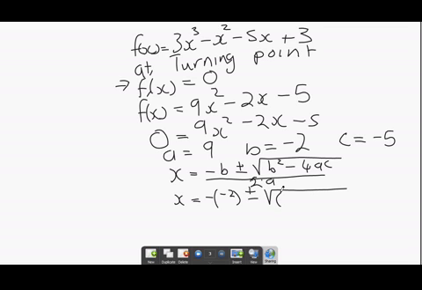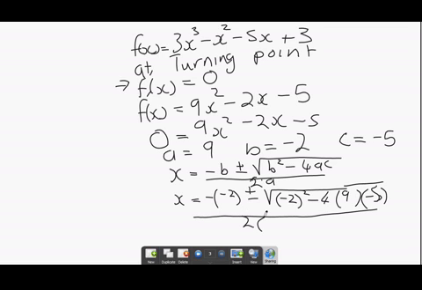Again there is b, so again I put minus 2 squared, then minus 4, then bracket, a which is 9, and then our c is minus 5. And that is all divided by 2 times a, which is 9.